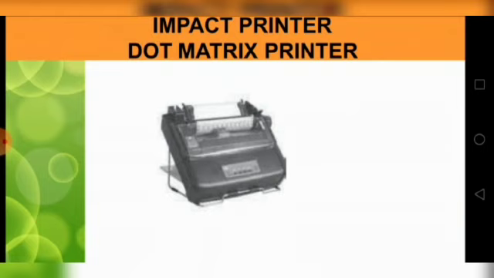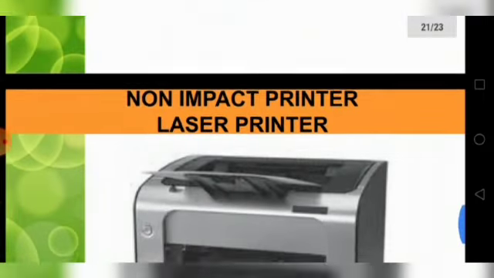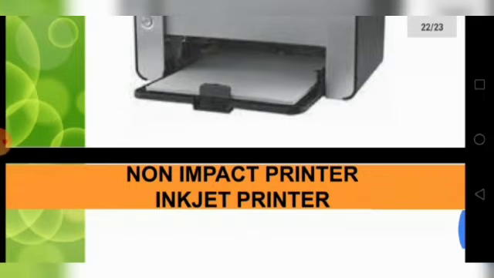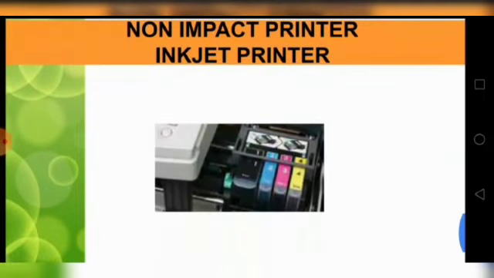Okay. Let me move to non-impact printers. A non-impact printer is a laser printer. It prints page by page, and automatic printers print line by line. Next one is the inkjet printer.